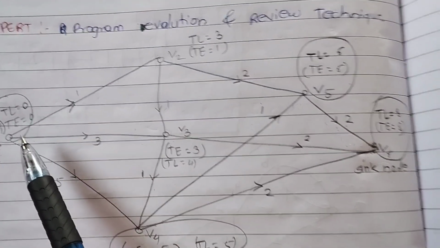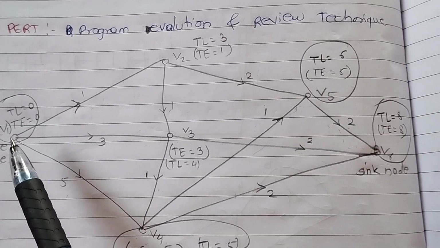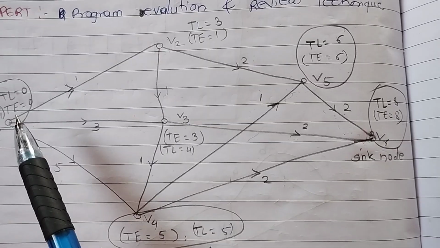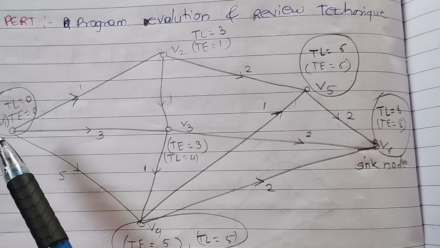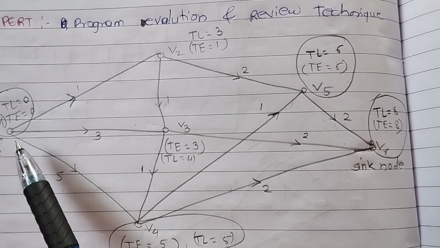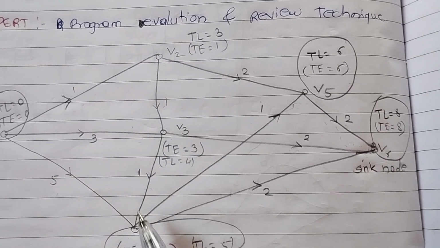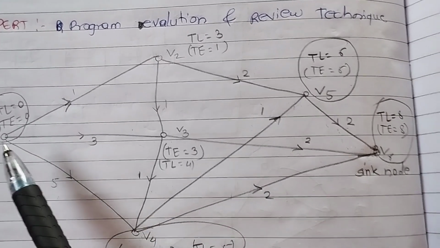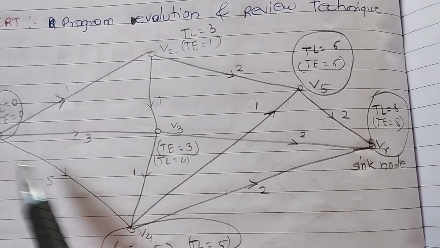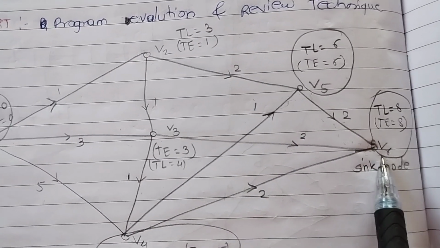Now find the possible ways to reach V6 from V1. We see the path going from V1 to V6, this is one way. Then V1 to V4, V4 to V6, the count is 7. Now go from V1 to V4, V4 to V5, V5 to V6.